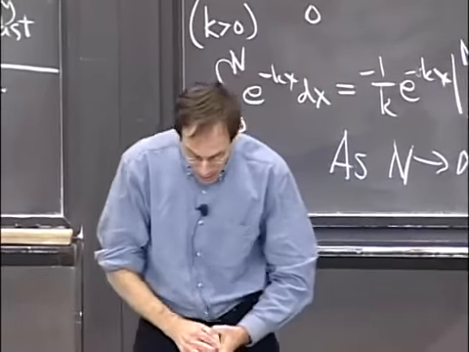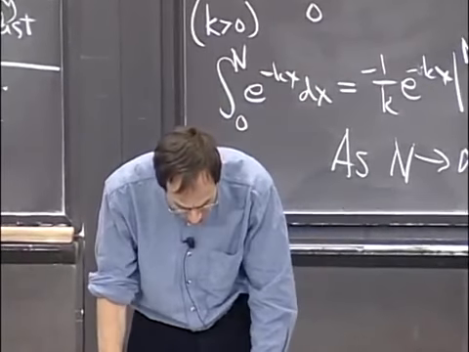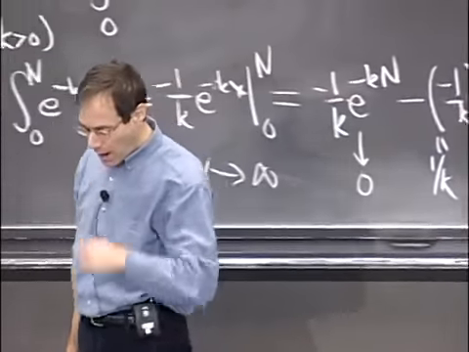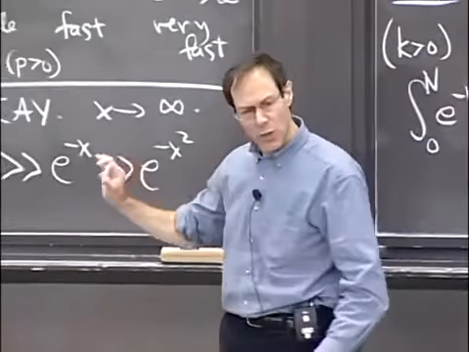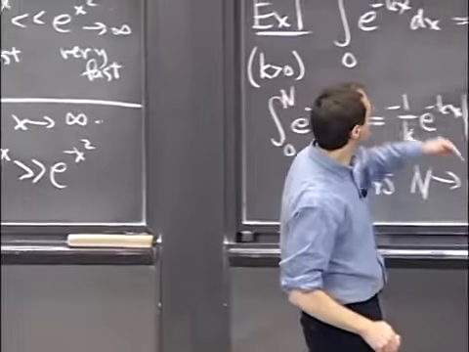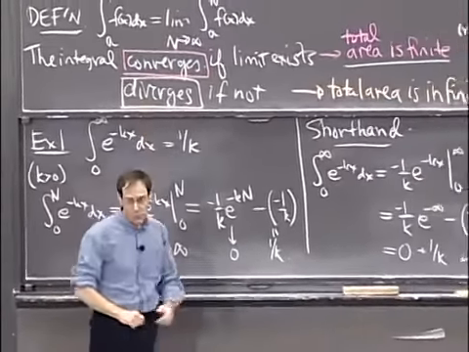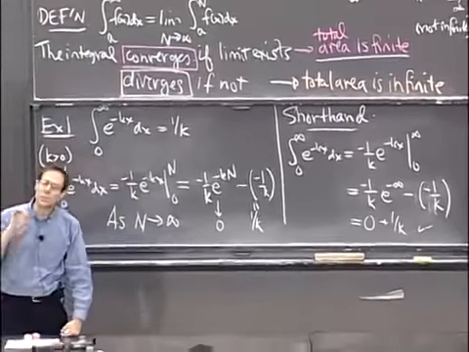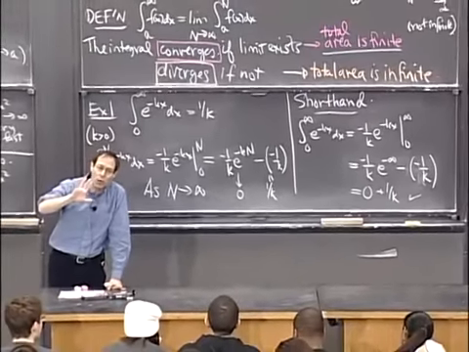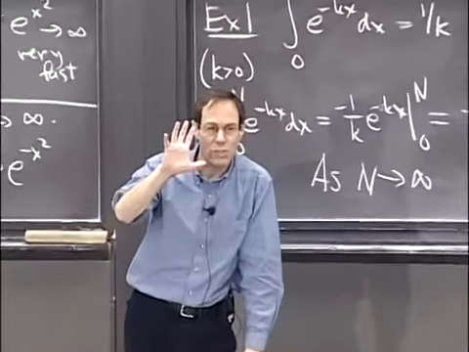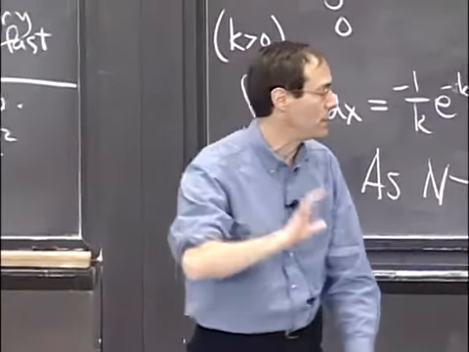All right, so now I'm going to give you some more examples. The other examples are much closer to the edge between infinite and finite, this distinction between convergence and divergence. And maybe I'll say one more word about why we care about this very gross issue of whether something is finite or infinite.